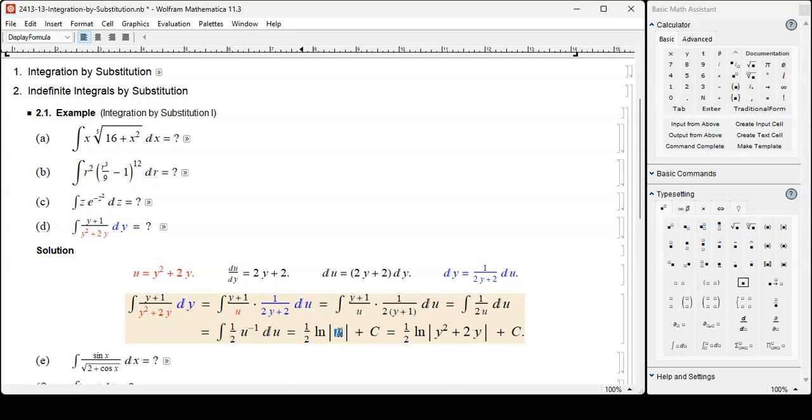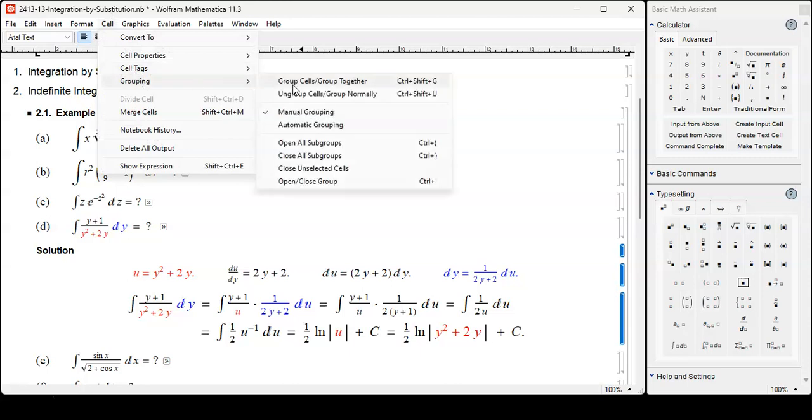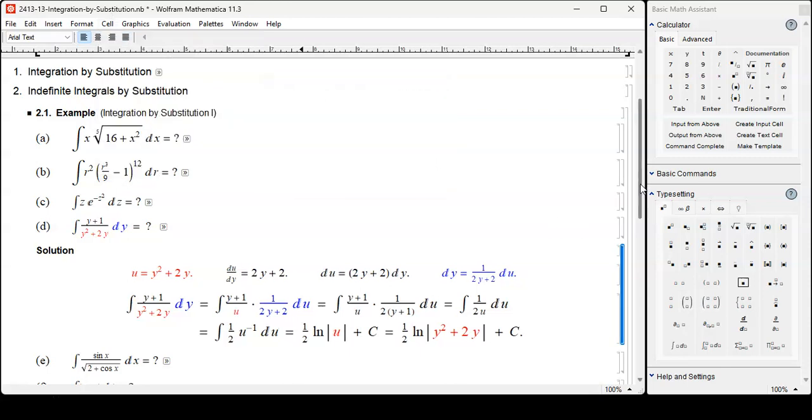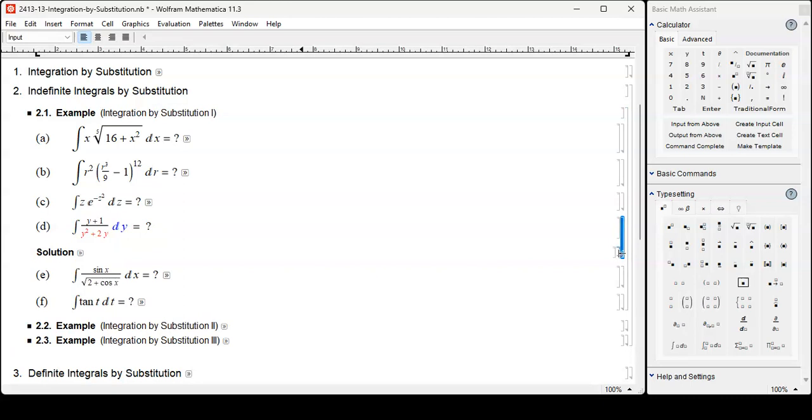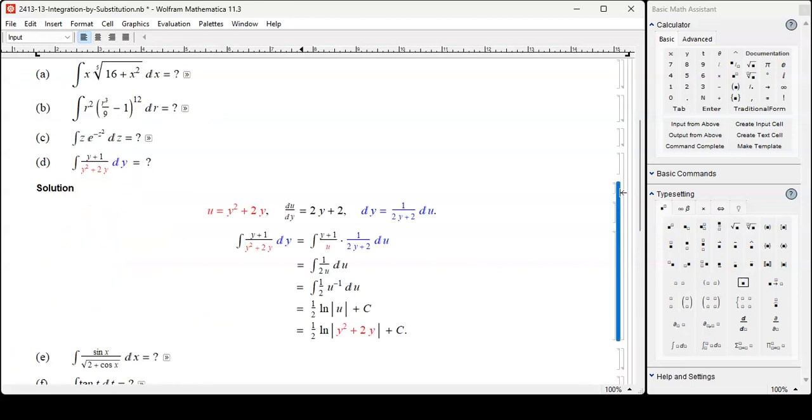Here, the third substitution went through. u equals y squared plus 2y. Okay, a little bit harder, but still elementary. Yeah, same as the solution here.